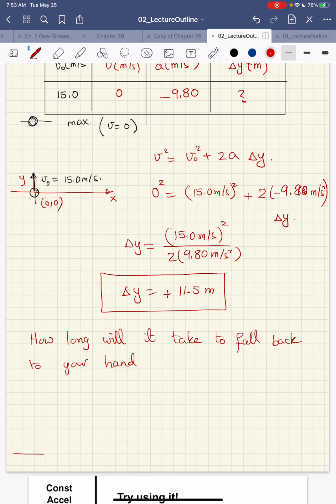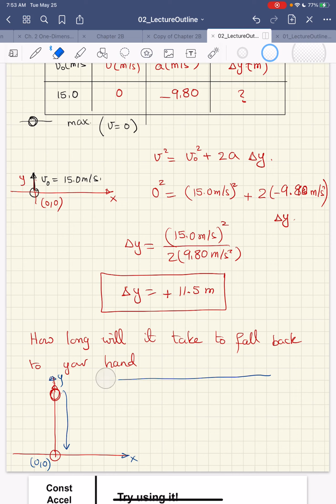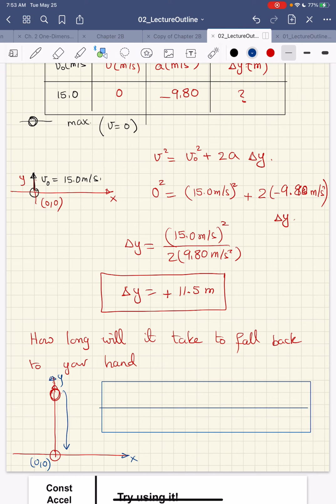Again, I can draw here, and it did reach here, and then it will go back to my hand. And remember, this is my 0, 0. Then what I can do here is my y is going to be 0. This is one of the solutions. There are so many solutions, but this is the easiest.